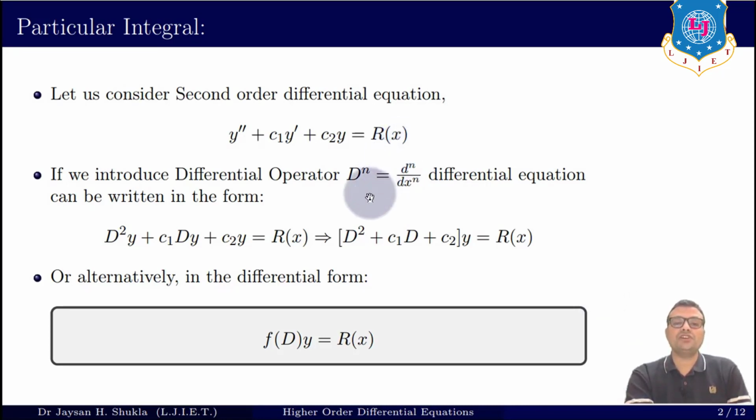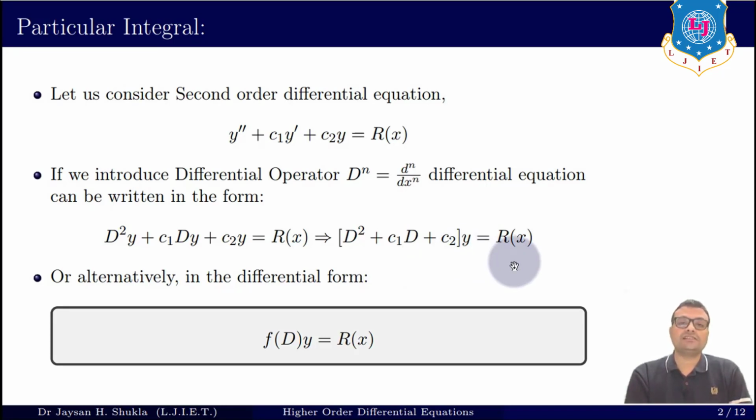If we define differential operator d by dx as capital D and nth order derivative by power n, then we can find the operator form of this equation as D square y plus c1 D y plus c2 y equal to r x, which can be converted further into D square plus c1 D plus c2 times y equals r of x.